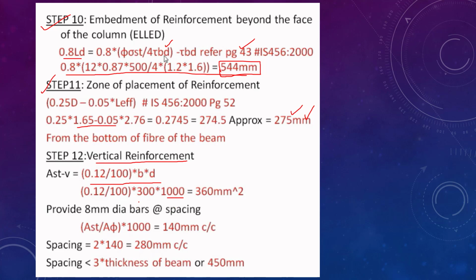So that will give you, for a 1 meter length, 360 mm² as the Ast b. By knowing the area of reinforcement, we can find the corresponding spacing after choosing the diameter of the stirrup bar.